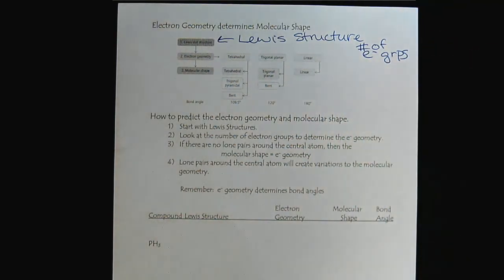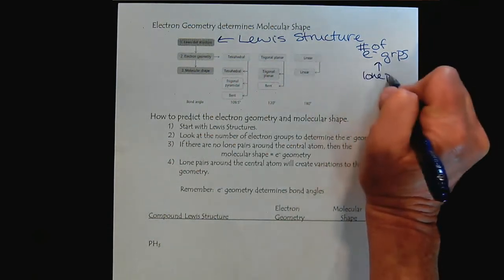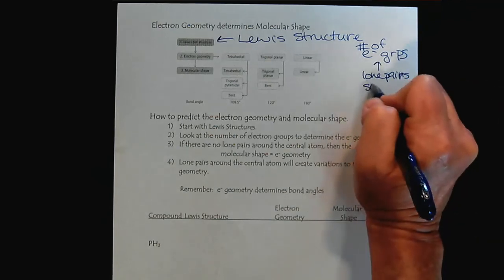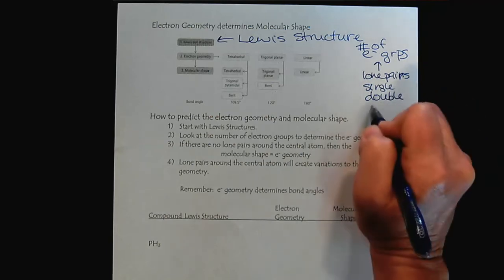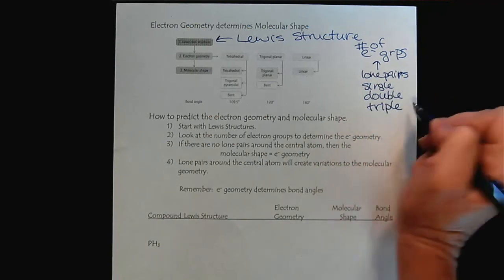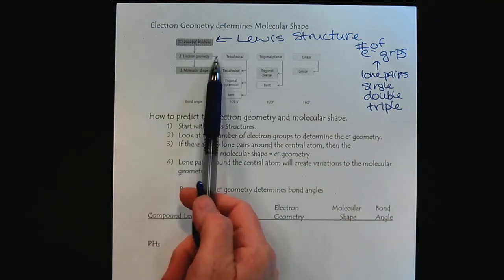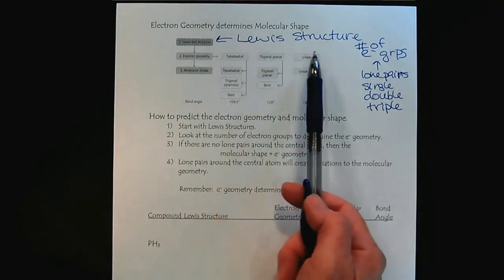And then it's important to recognize that electron groups can be lone pairs, single bonds, double bonds, or triple bonds. All right, so we're only going to focus on 3 electron geometries: tetrahedral, trigonal planar, and linear.